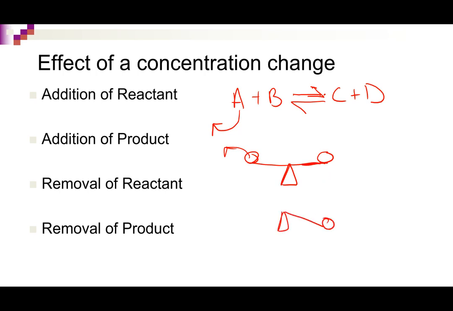Yeah, this side's going to feel heavy because this side got lighter. So certainly removing some of the reactants could cause the shift, or we could remove some of the products. So as we produce it, maybe catch it in a container and take it somewhere else. Okay, so these are the 4 that we're going to talk about.